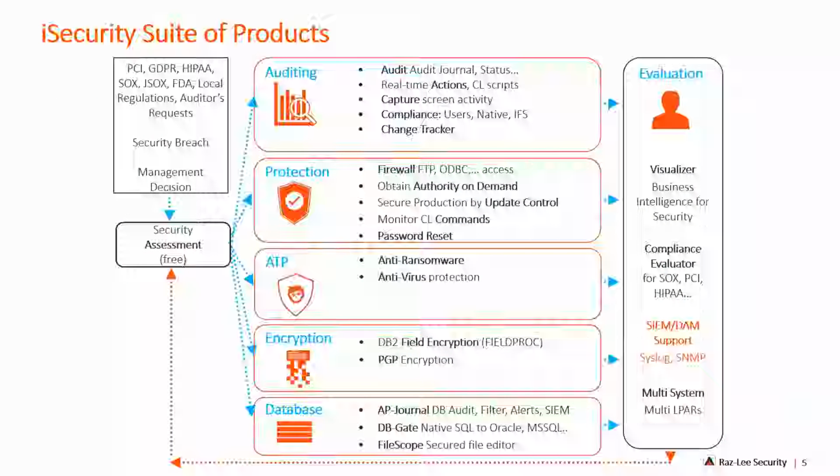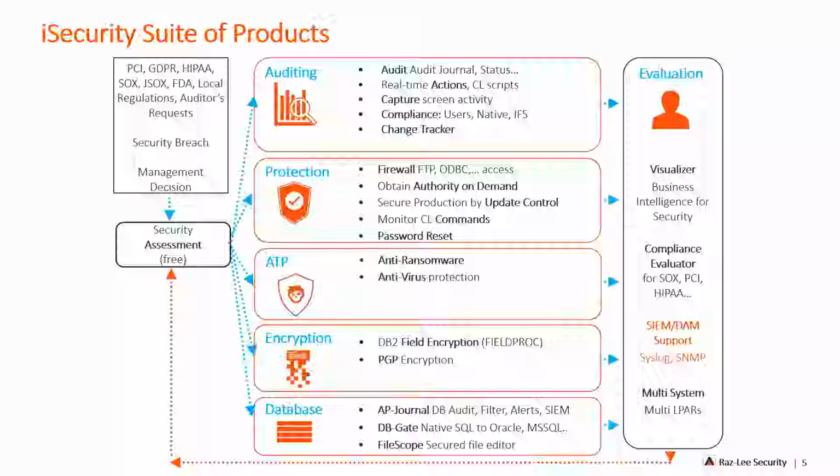This is the category of our products, and today we're talking about SIEM and DAM. SIEM and DAM is a component for all Raz-Lee iSecurity products. If we look at the auditing category, we have connectivity for products like Audit and Change Tracker.